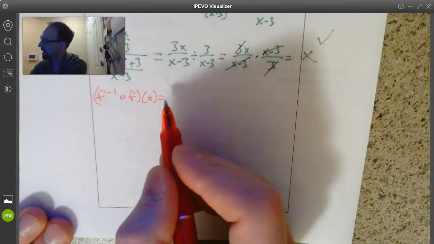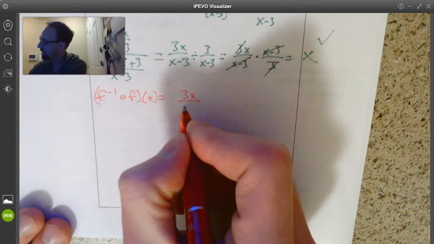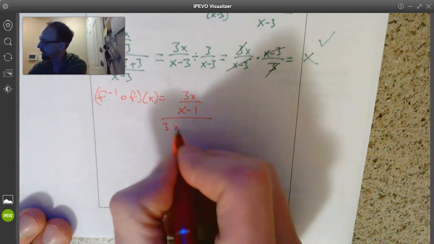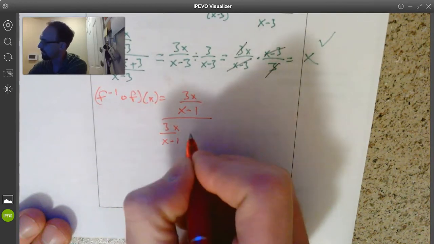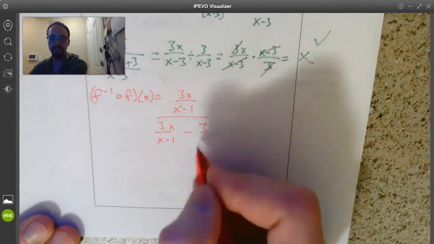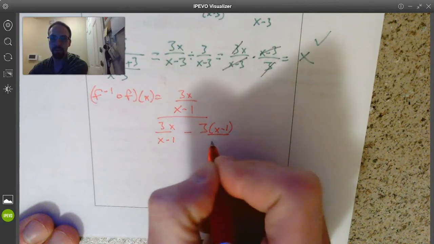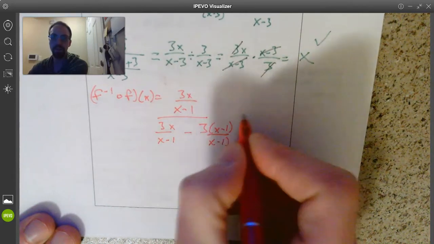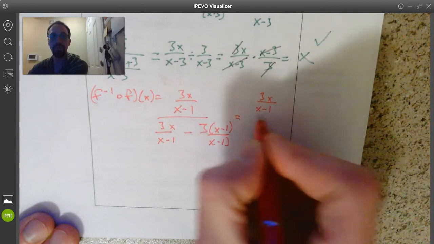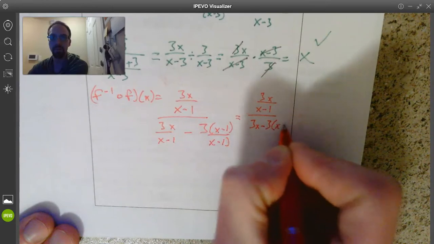If I do that, that'll give me 3x over x minus 1 all over 3x over x minus 1 minus 3. For this to have the same denominators, I need to multiply this side by x minus 1 over x minus 1.